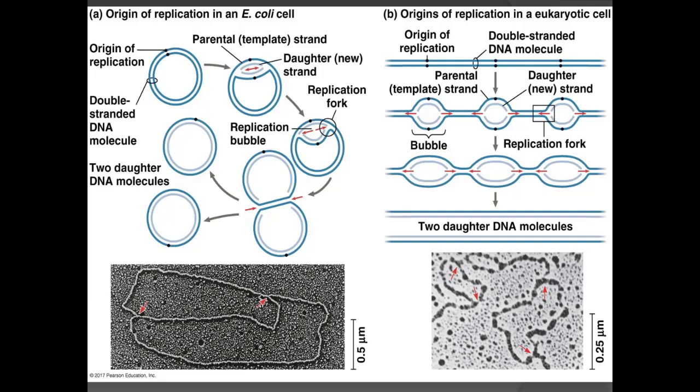If we take a look at this process in eukaryotic cells depicted on the right, we can see that there are multiple origins of replication within one linear chromosome. We can also see that the overall process is similar, meaning that a replication bubble will form, replication forks will also form, and the DNA replication will occur bidirectionally.